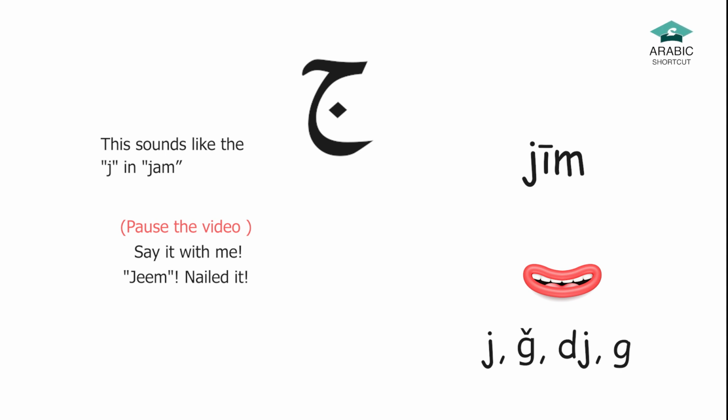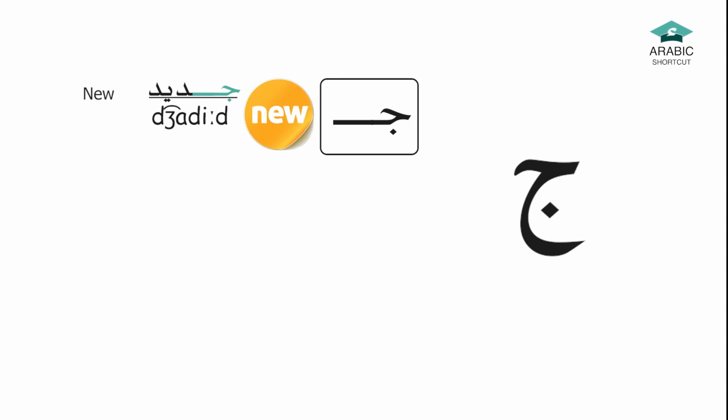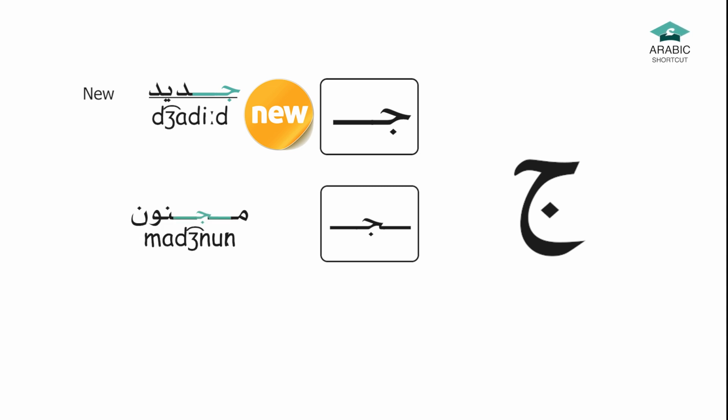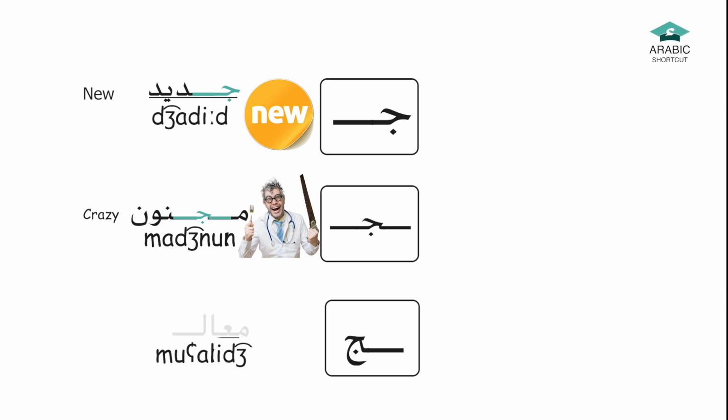Looking good. جديد means new. مجنون means crazy. معالج means processor.